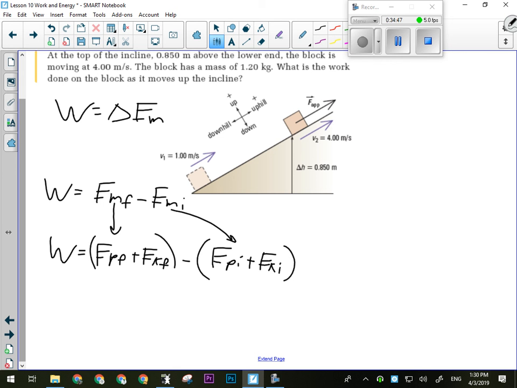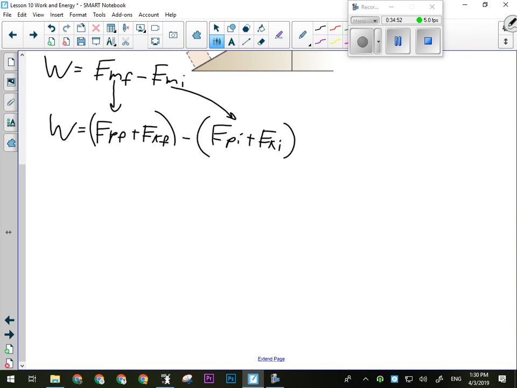All right. I'm going to expand it even further. Now I'm going to put the formulas in that will actually allow me to calculate these different variables. Right? So work is going to be m times g times h final. I'm taking my time so you can read it. Okay, plus 1/2 mvf squared.